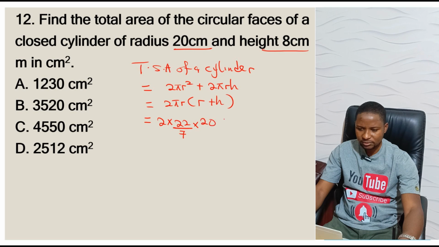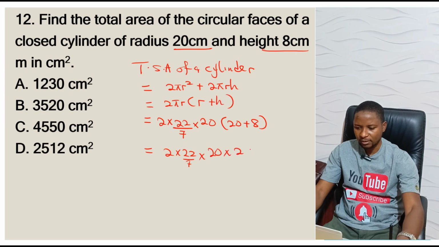Radius, we're told to take radius as 20, and then in the bracket, radius as 20, height as 8. And we have 2 times 22 over 7 times 20 times what is in the bracket, that's 28. And 7 here, 1, 7 here, you have 4.